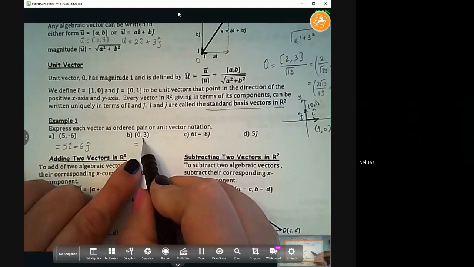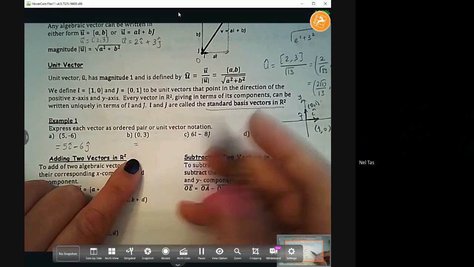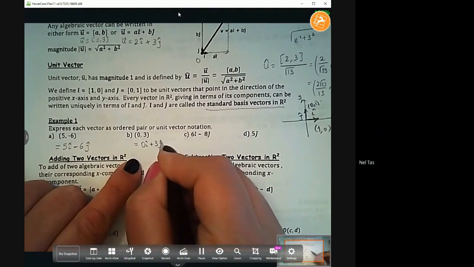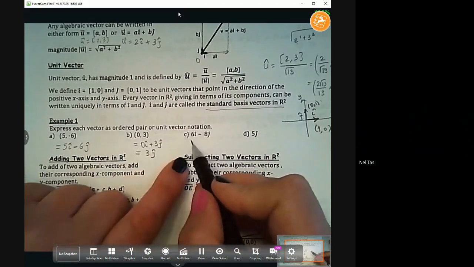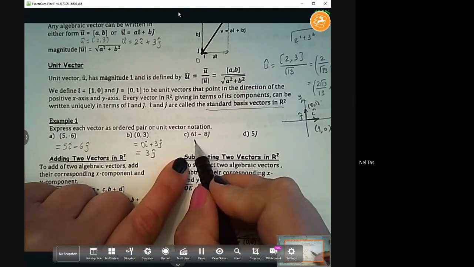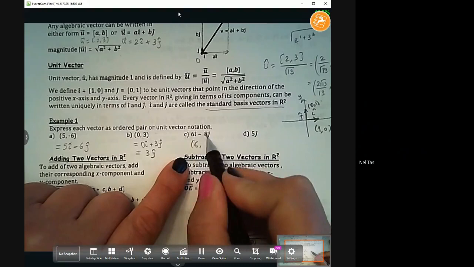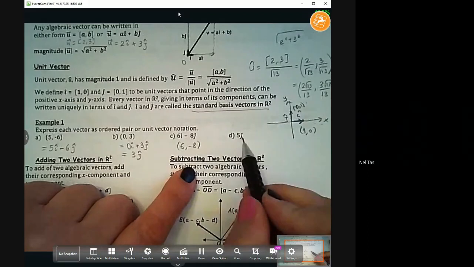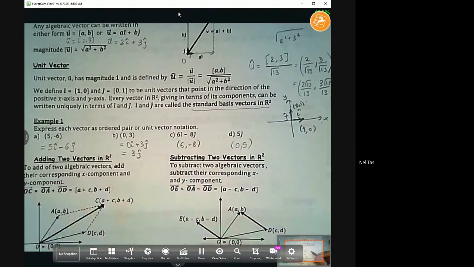Again, this is given as an ordered pair, so we write it in unit vector notation: 0i plus 3j, so that gives you 3j only. For C, that is given in unit vector notation, so you put it in ordered pair notation. 6 is the x coordinate, negative 8 is the y coordinate. If you have 5j, as you see, we don't see any i, so it means the x coordinate is 0 and the y coordinate is 5.